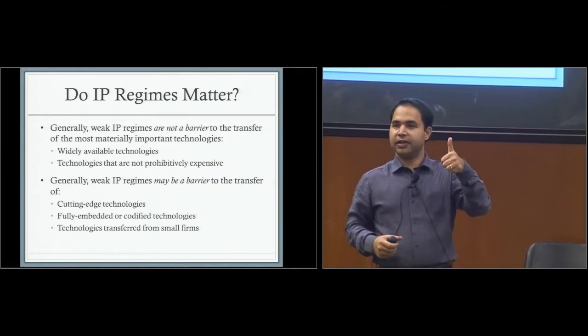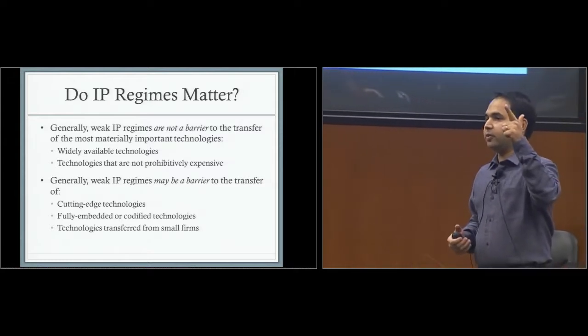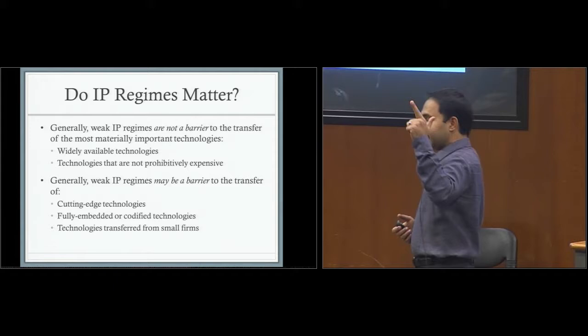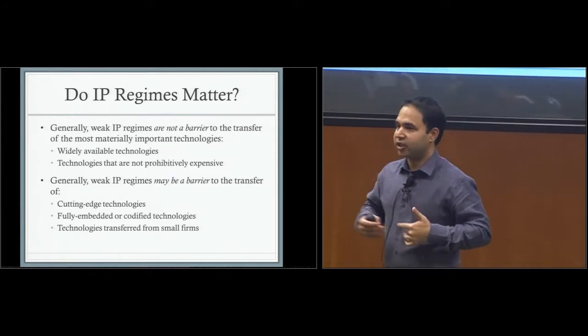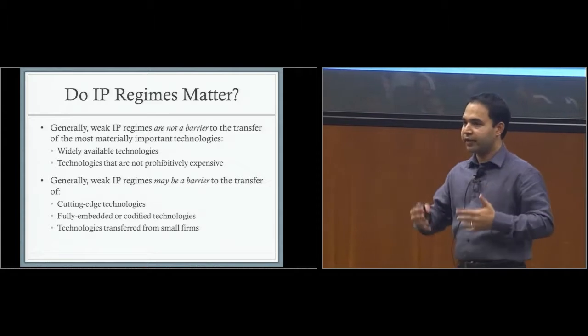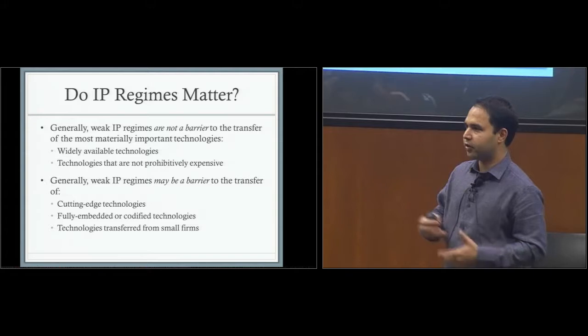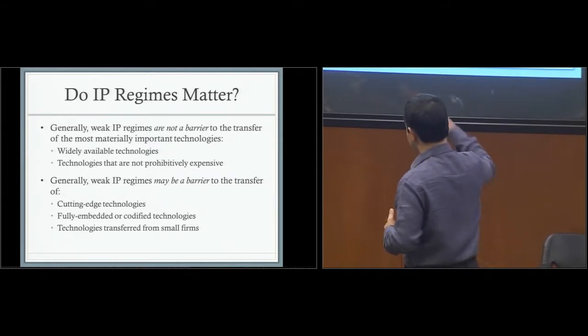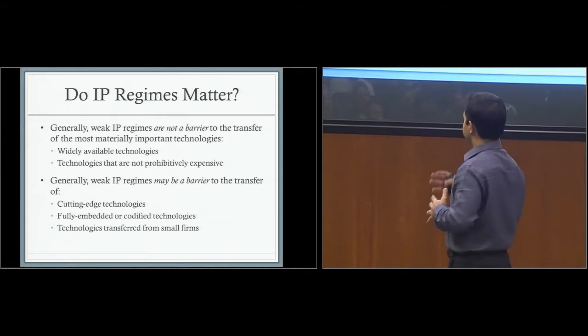Again, by definition, cutting-edge technologies are probably not at scale, probably more expensive, right? And the firms innovating those technologies have not had the chance to appropriate all the benefits of the investment they have made in R&D to arrive at them. So these are the characteristics that make IP a barrier for cutting-edge technology transfer.